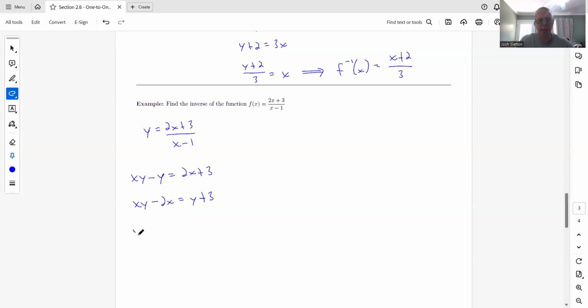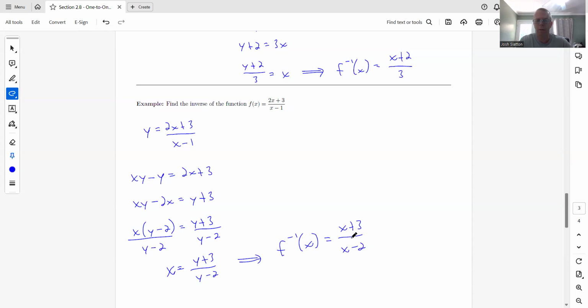Now we can factor out the x. And now we can divide by y minus 2. And we get x equals y plus 3 over y minus 2. And if we want to write with correct notation, we'll write it like this: x plus 3 over x minus 2.